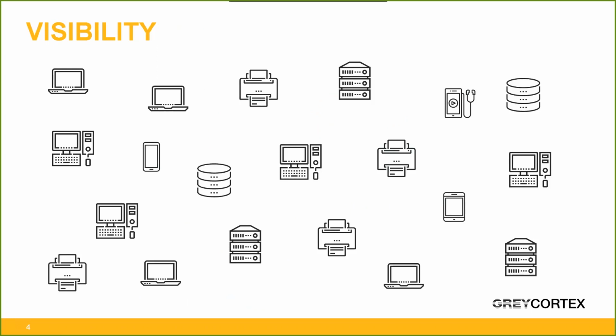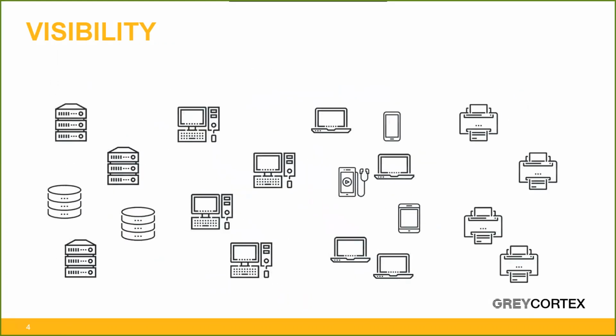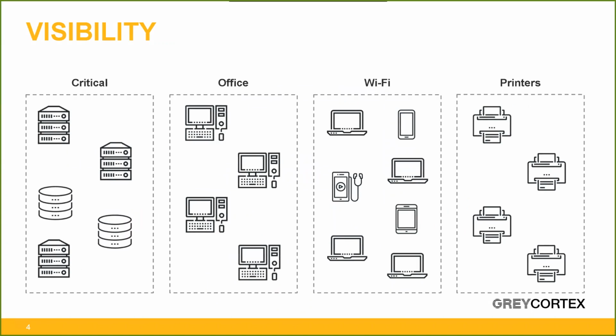Let me have a look first at the visibility, because this is a very important part of every network security audit. Before you start auditing a network, you first have to know what is connected in that network, what kind of devices are connected there, how they are grouped together, and so on. In a typical infrastructure today, there are mobile devices like laptop computers, mobile phones, tablets, and possibly some others.